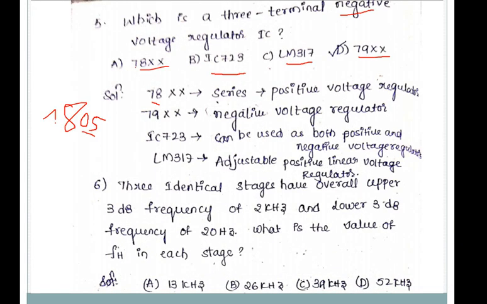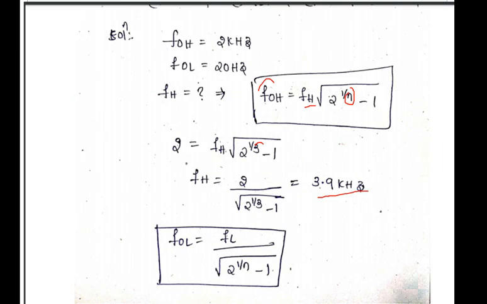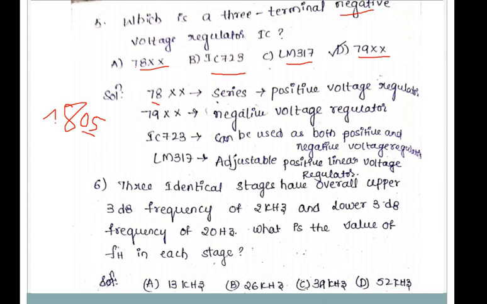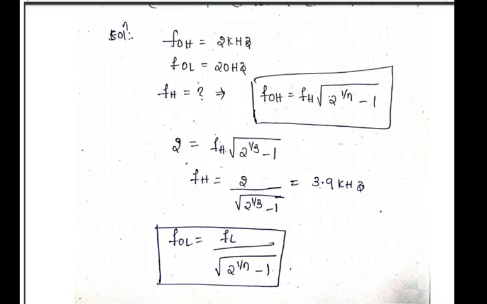The fifth one is the 3-terminal negative voltage regulator IC. The sixth one is again formula related, the higher 3 dB frequency and lower 3 dB frequency: FOH equals FH under root of 2 power 1 by n minus 1.